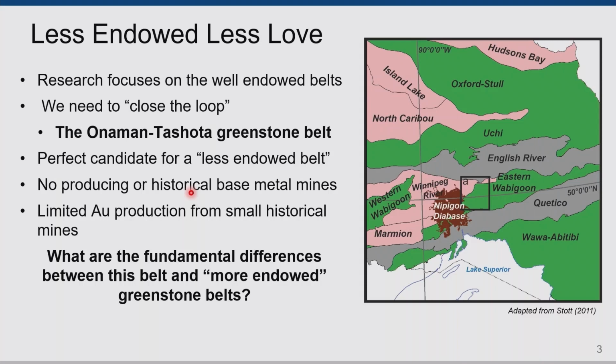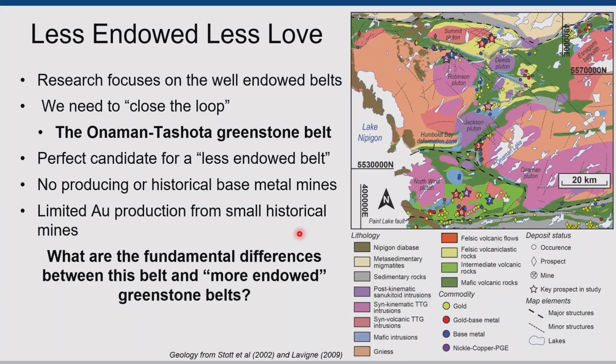We're talking, the largest one being around 100,000 ounces of gold, which is really not even a deposit nowadays. So what we need to ask ourselves is, what are the fundamental differences at the belt scale and at the assemblage scale between this sadly less endowed belt and the more endowed belts like the Abitibi that we've been looking at?